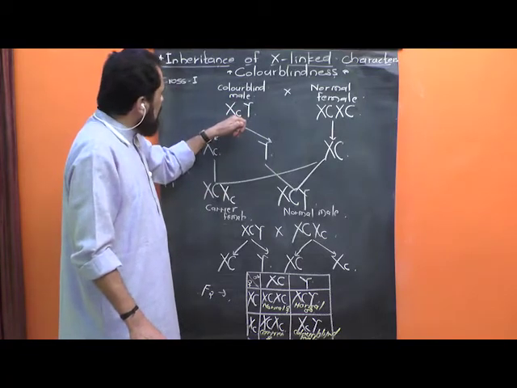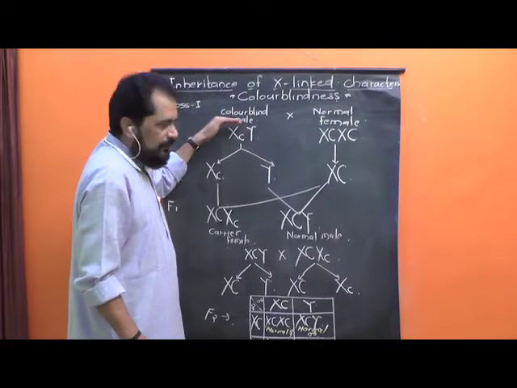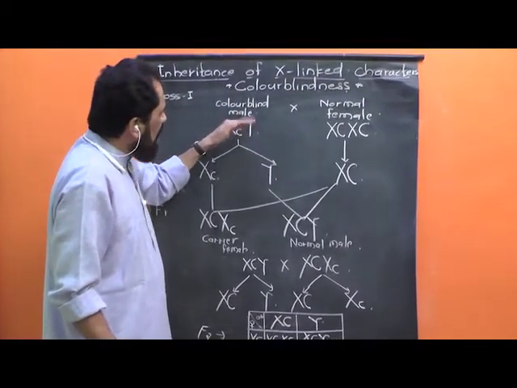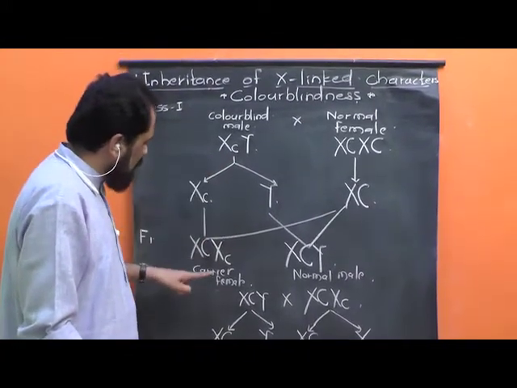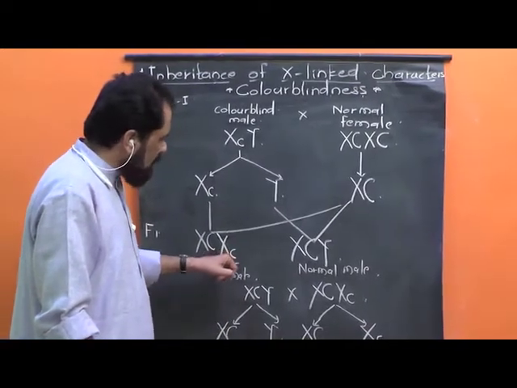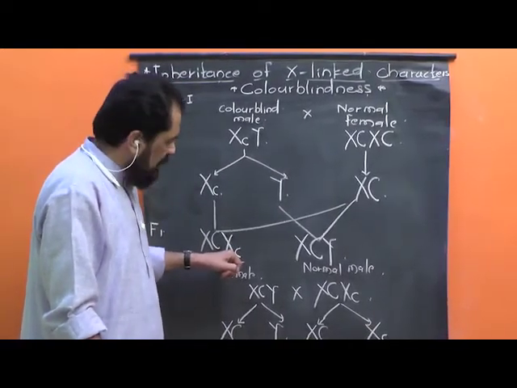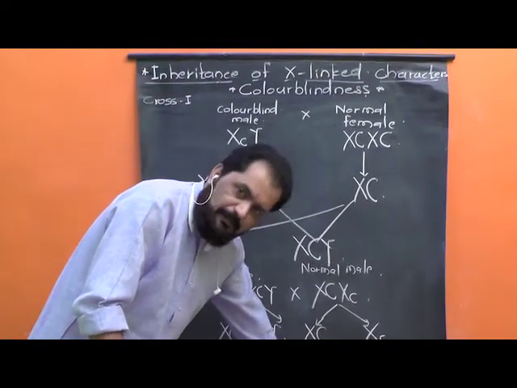Look here in this cross, the color blind male with X small c Y. This small c gene gets transmitted to the female, and again in the next generation that small c gene, recessive gene, gets transmitted to the male, that is color blind male.